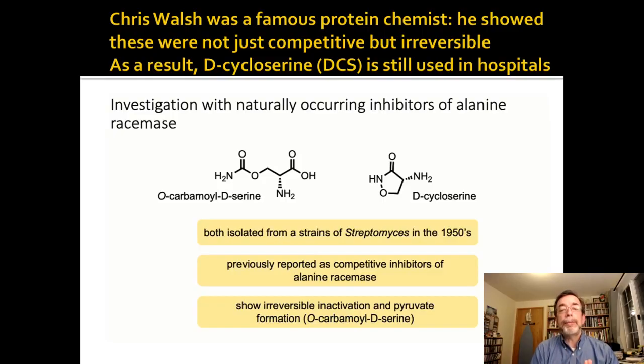In fact, he found one called D-cycloserine, which is shown over here. He isolated it from Streptomyces. It was isolated in the 1950s, and people said it was a competitive inhibitor, but Chris Walsh noticed the signs that it was not just competitive, but also irreversible. So it must be forming a covalent bond.